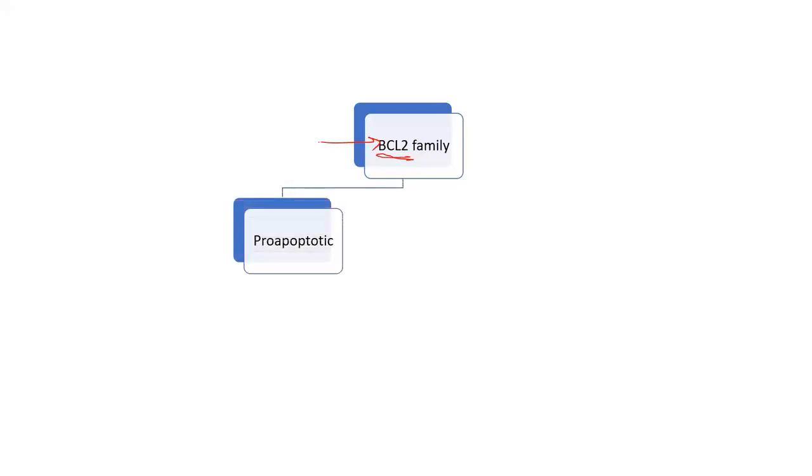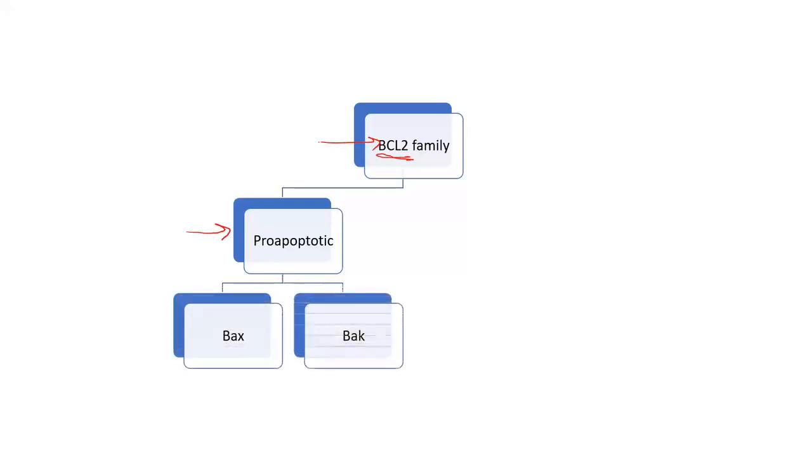The intrinsic pathway of apoptosis, or the mitochondrial pathway of apoptosis, is controlled by a family called the BCL2 family. This BCL2 family is named after BCL2, which is the most famous member of this family. The BCL2 family is a family of proteins. Some of them are activators of apoptosis and called pro-apoptotic, such as BAX and BAK, and some of them are anti-apoptotic, against apoptosis.